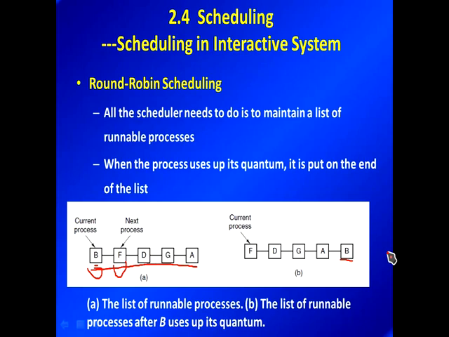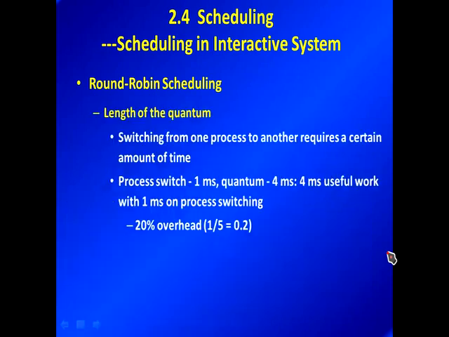You can see it more clearly from this figure. And as I said, the length of the quantum is very important for the performance of this algorithm. So let's see if the length is too short or too long, what happens to the whole system?